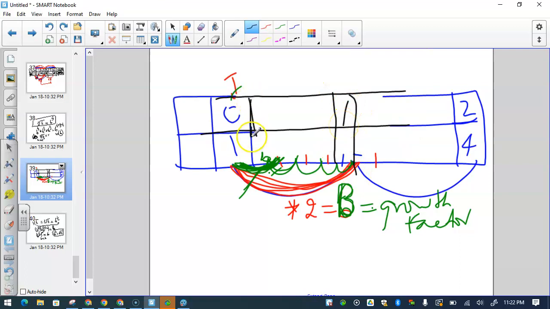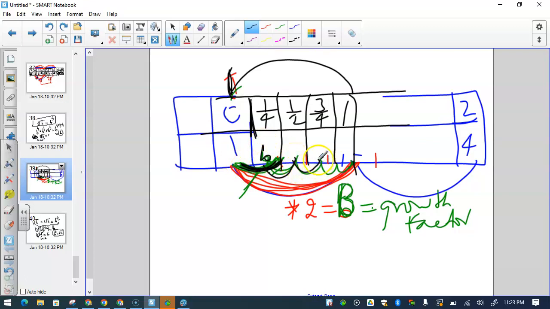I want to split this, so this is 0, then 1/4, then half, then 3/4, and then 1. So we want to know what is that lowercase b. So 1, then 2, then 3, and then 4.